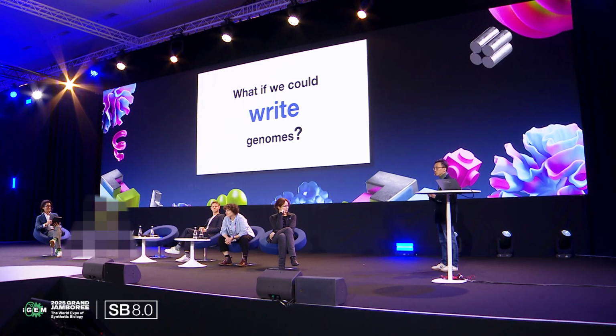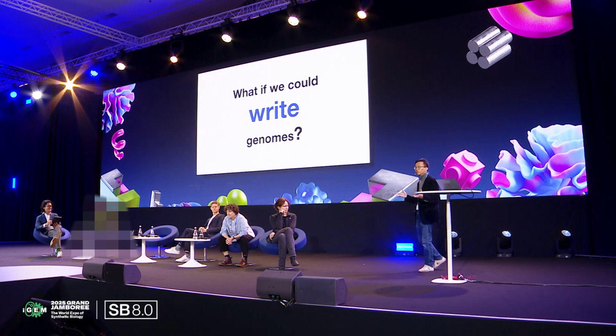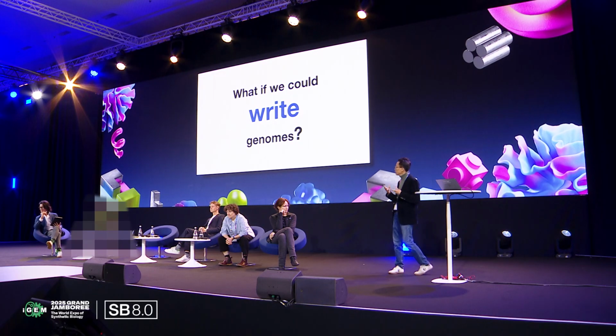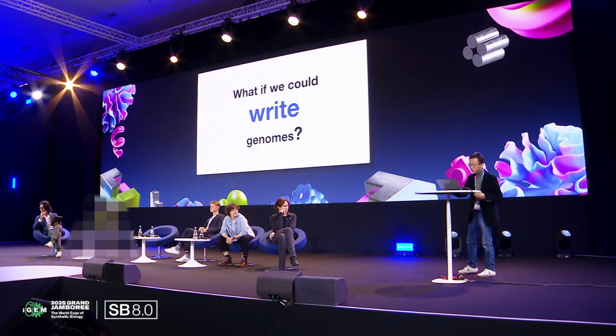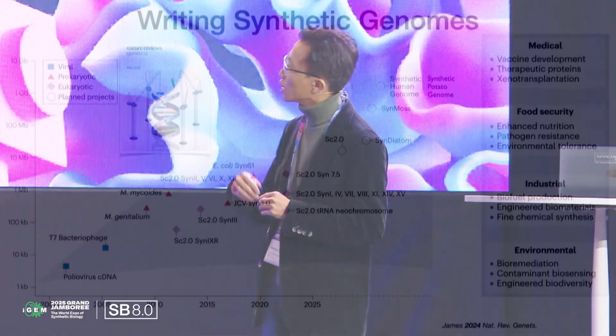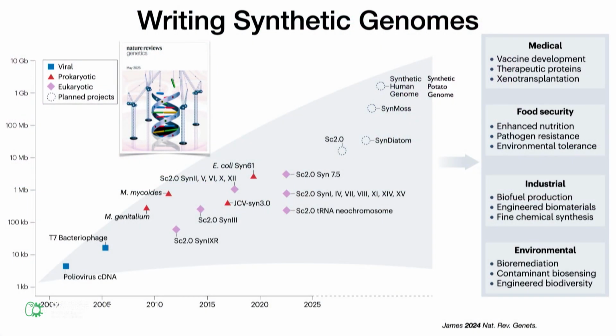But if you're being so ambitious, like Jason and others, you may ask the question, what if we can really get there? If we can build genomes, what can we do with it? Right? So actually, since the early 2000s, we have made so much progress in this field of writing the genome. It all started with polio virus and T7.